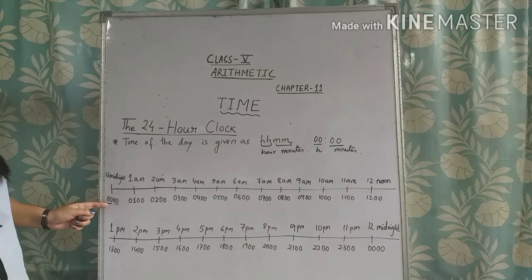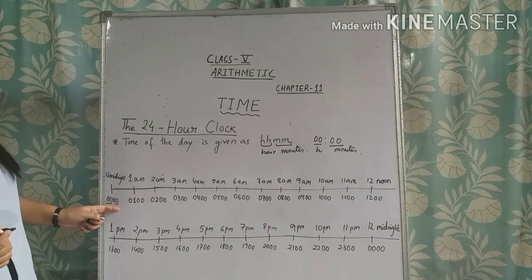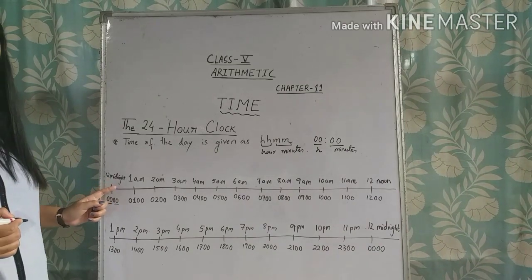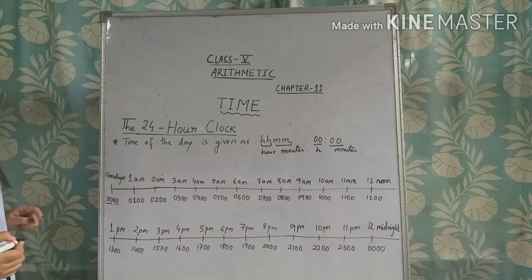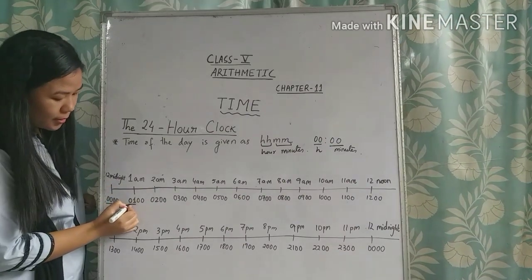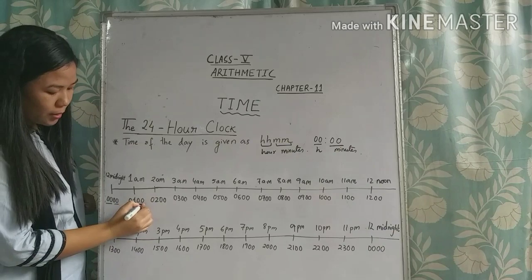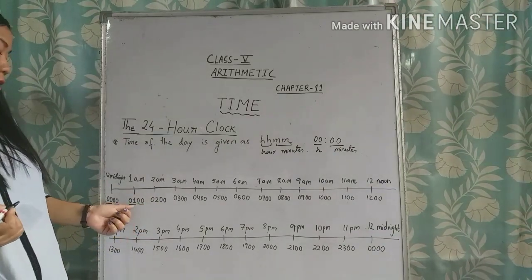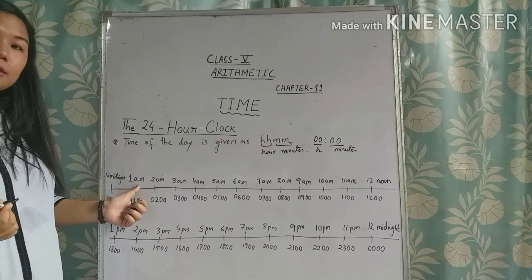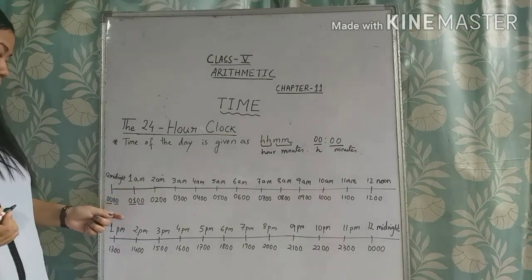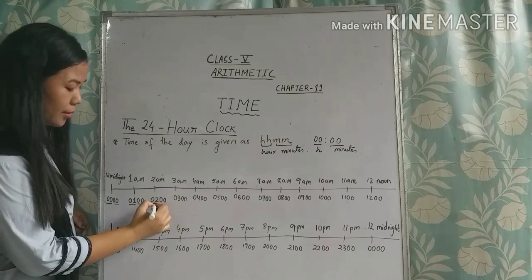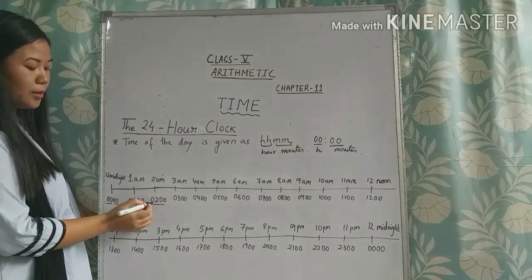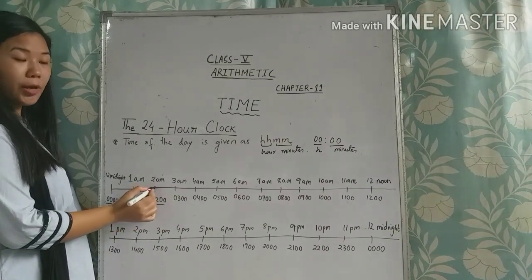When you see 0 in both the hour and the minute, we will understand that it is 12 midnight. Next is 01 and in the minutes 00, or we say 0100 hours. So 0100 hours is 1 AM. Next 0200 hours, so it is 2 AM.